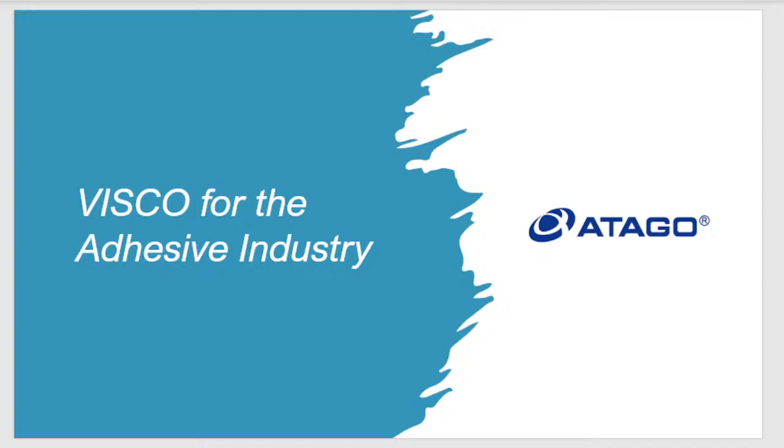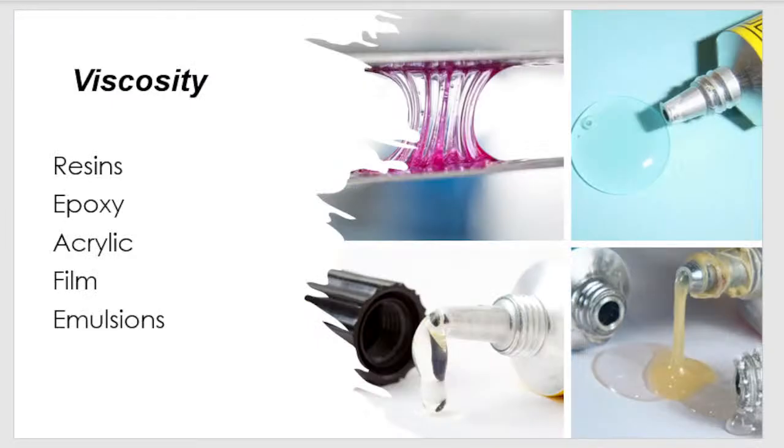Today we'll be covering the use of viscometers, or the Visco, in the adhesive industry. The adhesive industry is a very wide industry. It includes things like resins, epoxy, acrylic adhesives, film adhesive, emulsions.